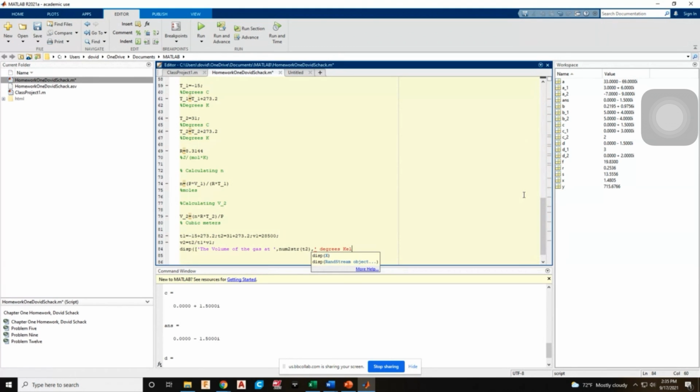Degrees Kelvin. Close the apostrophe. No, sorry, it's the volume of the gas at, space, apostrophe, again comma, and then num2str V2, and then the units.